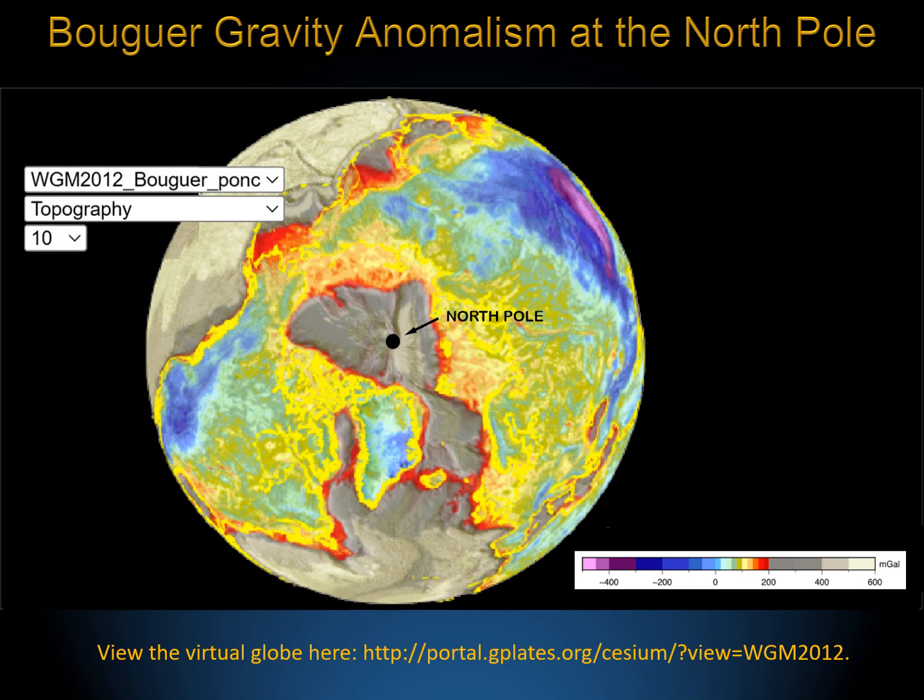The first thing to note is that there is a 400 to 600 positive plus milligal gravity anomaly at the North Pole. This major geophysical feature covers tens of thousands of square kilometers.